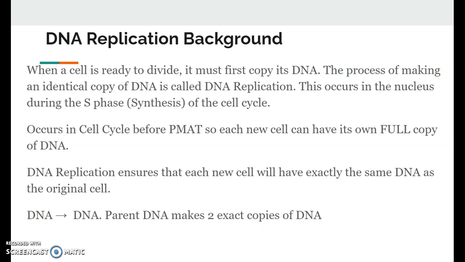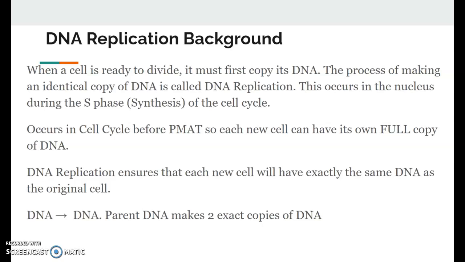It occurs before PMAT, so before actual mitosis or meiosis, whatever is going to happen next. And this is necessary so that each cell can have its own full copy of DNA, right? DNA replication ensures that each new cell has exactly the same DNA. So DNA replication is basically going from DNA to DNA, using DNA to make more DNA.